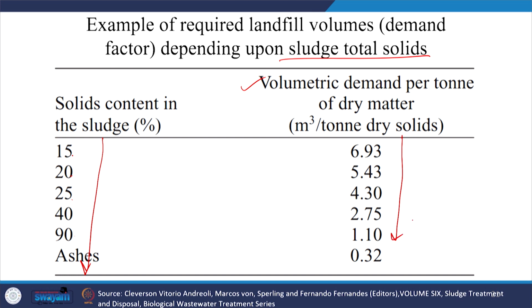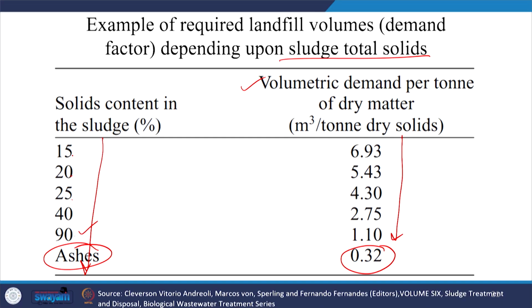From 693 meter cube per ton dry solid for 15% solid content, it decreases to only 1.1 when the solid concentration is more than 90%. For ashes coming from an incineration unit, the volume required is only 0.32 meter cube per ton dry solids. So, this is the advantage if we are using ashes only for landfilling.